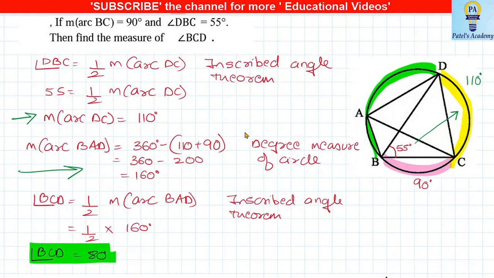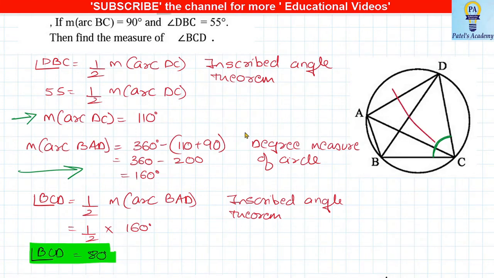Now the question is for you to find angle BCD. See the figure, angle BCD, we are talking about this. Let me remove all other things. Now we have to find angle BCD, you have to find this angle. Now we know that this angle is half of this arc. Which arc?